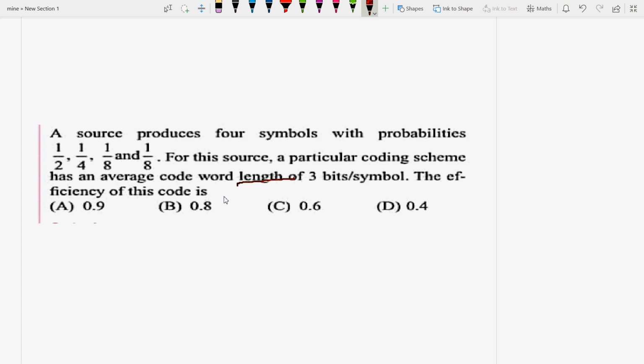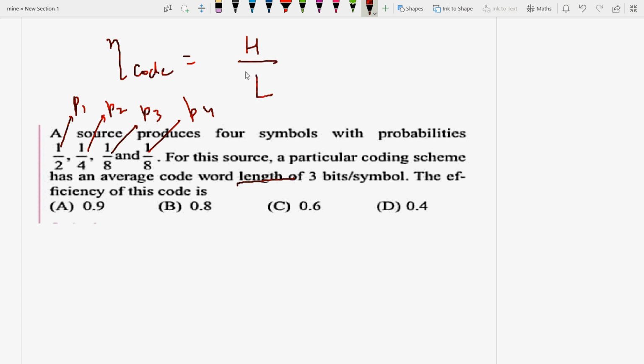The efficiency of this code is asked, since I'm talking about information theory. There are four probabilities, p1, p2, p3, p4. Now efficiency of code is equal to H by L. This is the formula, right?